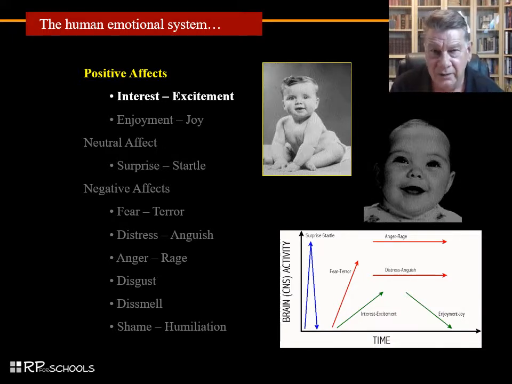Now that's the mild form of interest excitement. Obviously, we all know of little kids being really excited about something, and that's when the central nervous system firing is off the charts, and they're just over the moon with excitement.